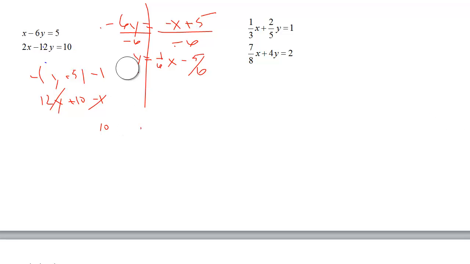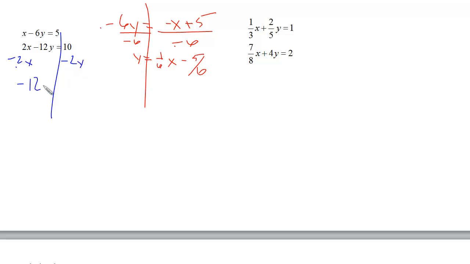Erase some of this here. So take away 2x. Divided by -12. Negative over negative is positive. 2 over 12 is 1/6.